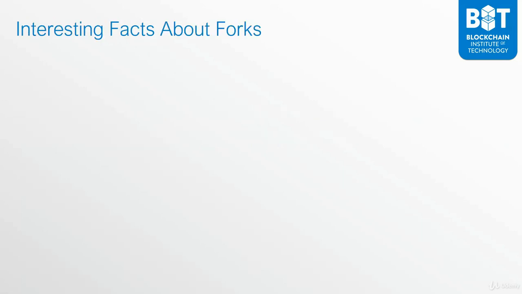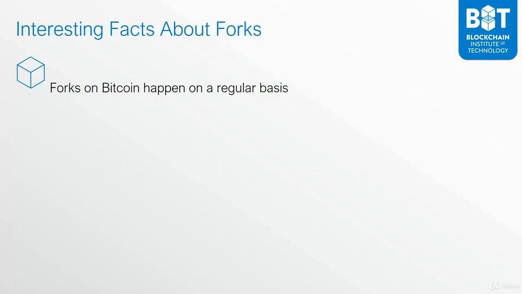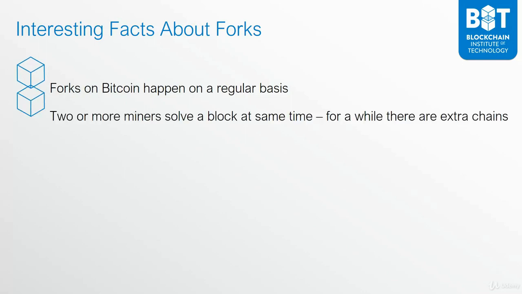Some interesting facts about forks. Forks on Bitcoin happen on a regular basis, actually. Whenever two or more miners solve a block at the same time, for a moment they're separate chains, because a miner may have found the nonce at the same exact time as another miner, and at that moment they're both winners.